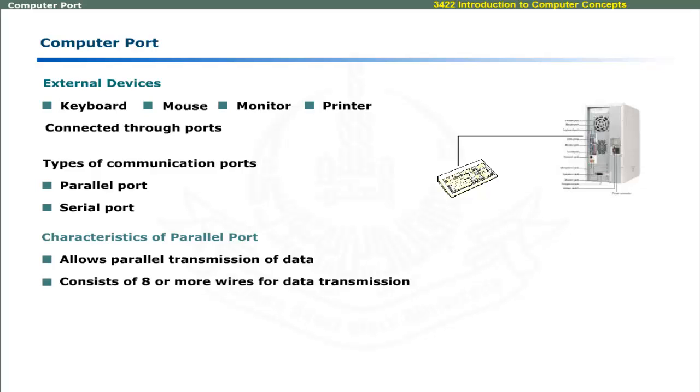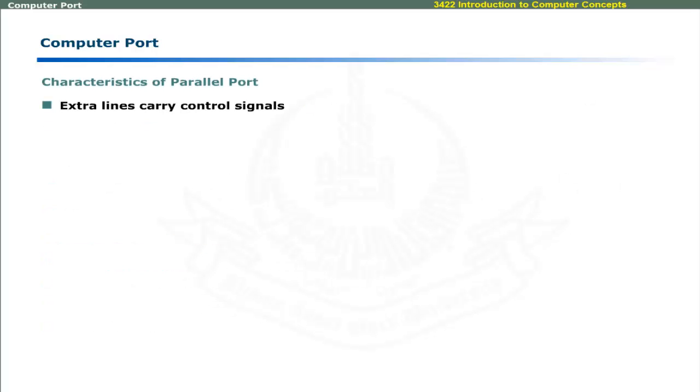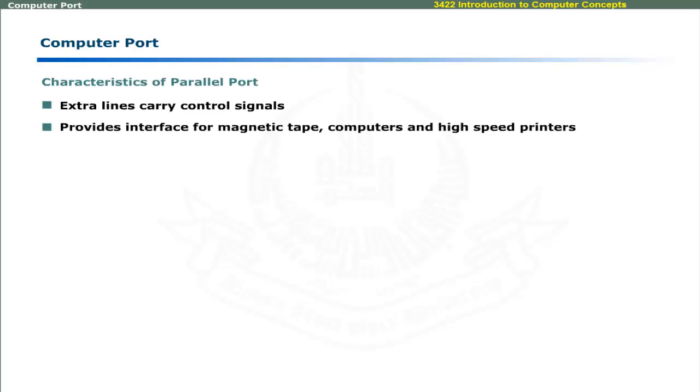It consists of 8 or more wires for data transmission. It uses 25-pin or 36-pin connector. The data travels in parallel over 8 lines. The extra lines carry control signals. Parallel port provides interface for magnetic tape, other computers and high-speed printers.